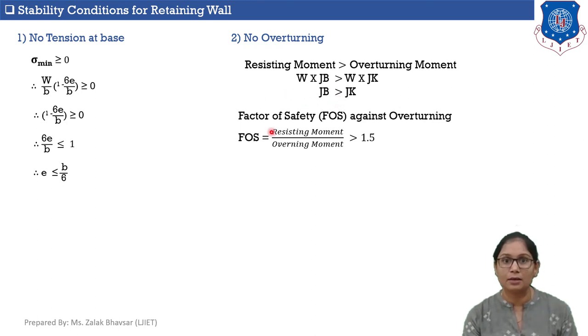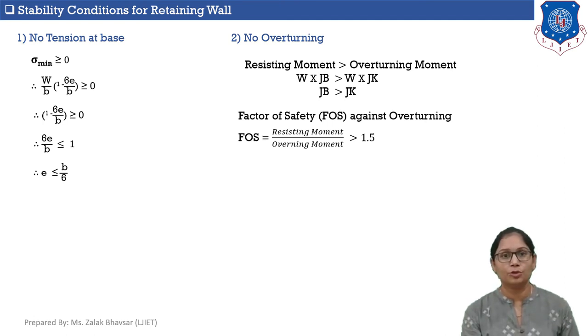We can consider factor of safety against overturning. Then factor of safety is equal to resisting moment upon overturning moment, which should be greater than 1.5. So if we calculate factor of safety against overturning and it is greater than 1.5, then we can say that our retaining wall is safe against overturning.